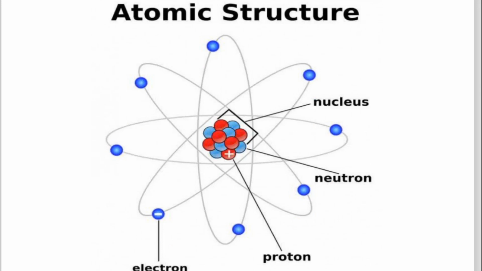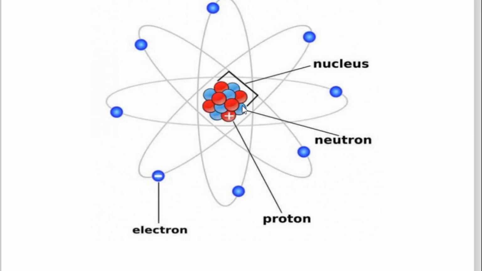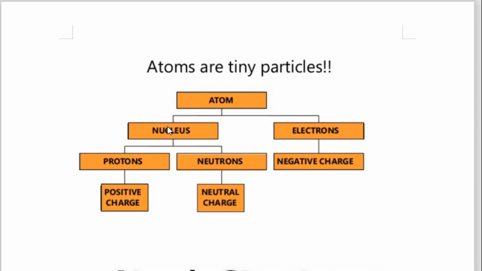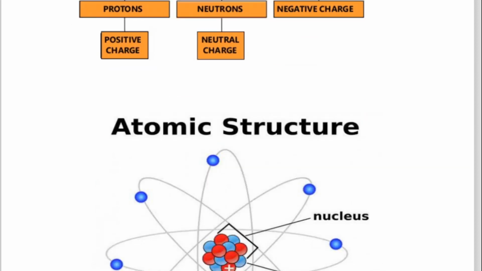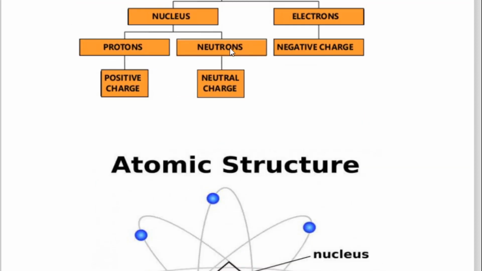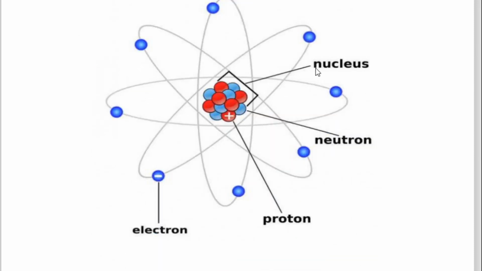So here is the atomic structure. You can see here the atomic structure. In this atomic structure, see very carefully, here it is called the nucleus. Now inside this nucleus, as we studied in this table, there are protons and neutrons. So inside this nucleus there is a proton.